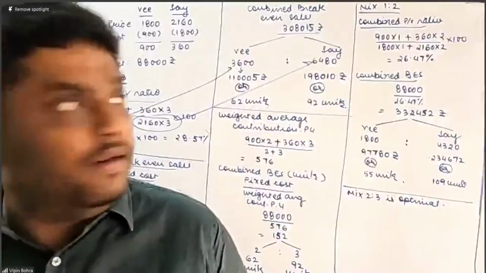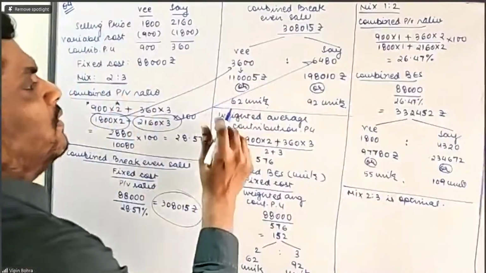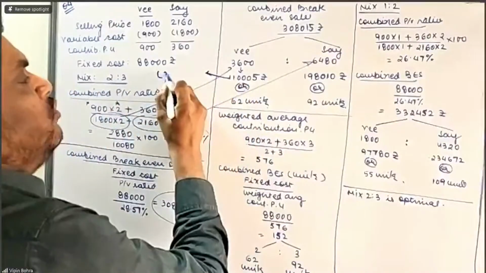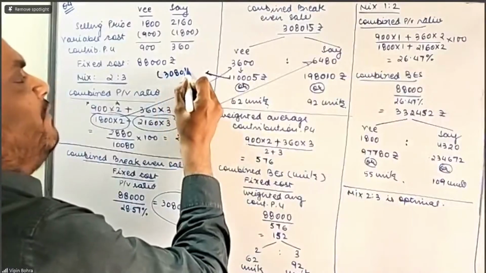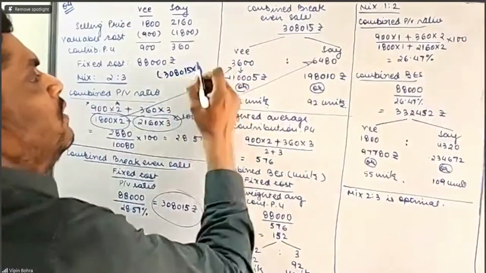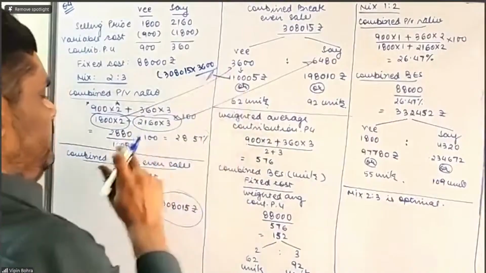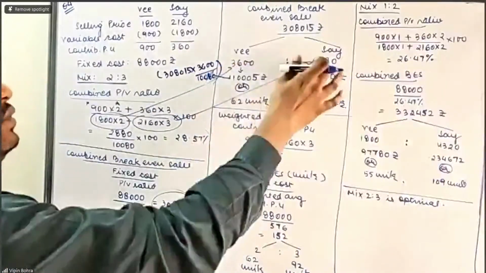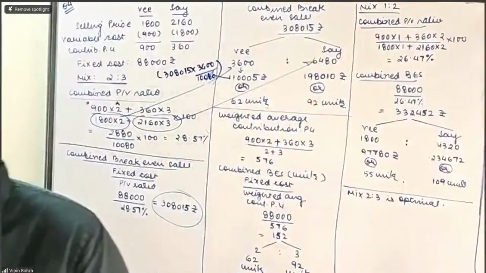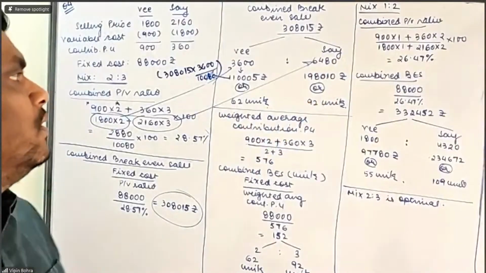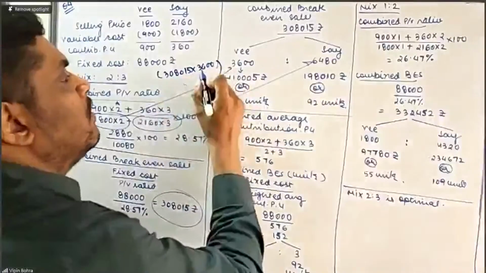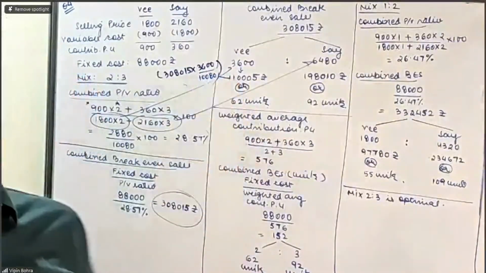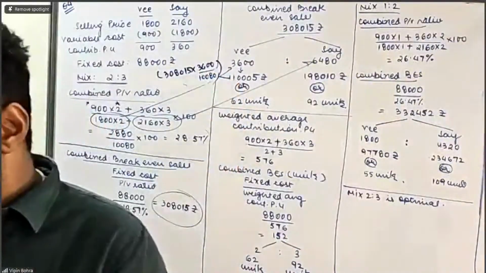I hope it is clear. 308015 into 3600 divided by 10080, the total of these two. I hope it is clear, Rohan.